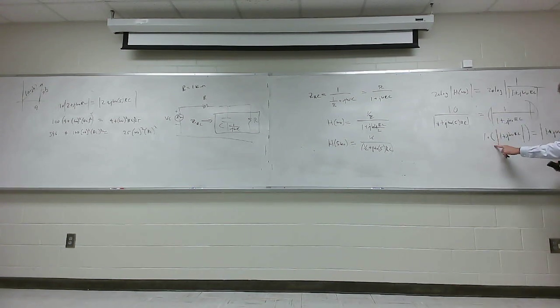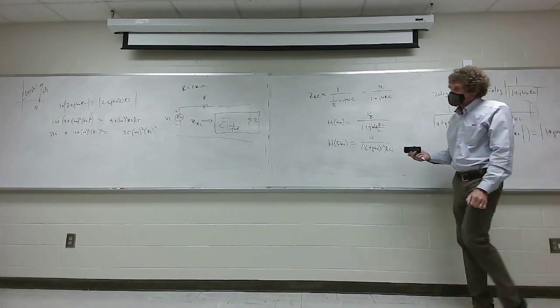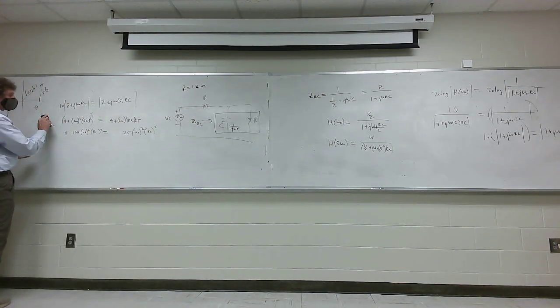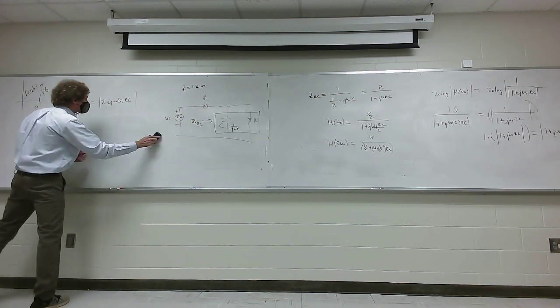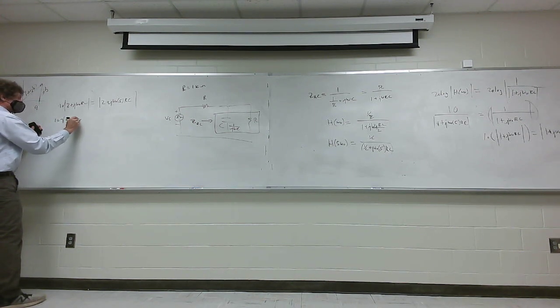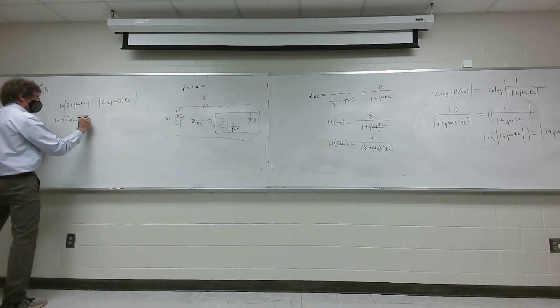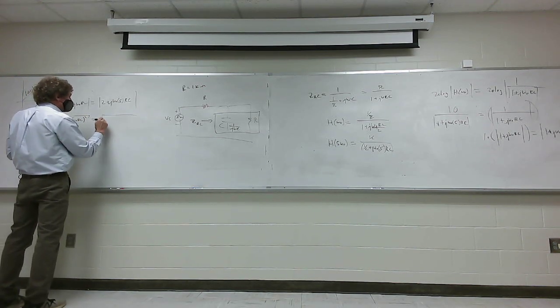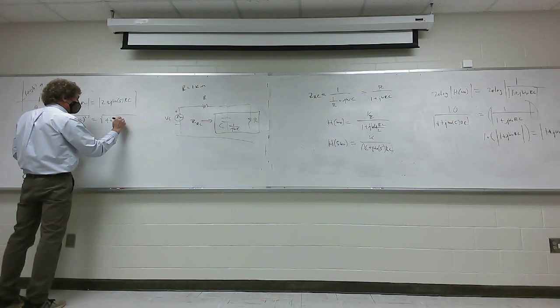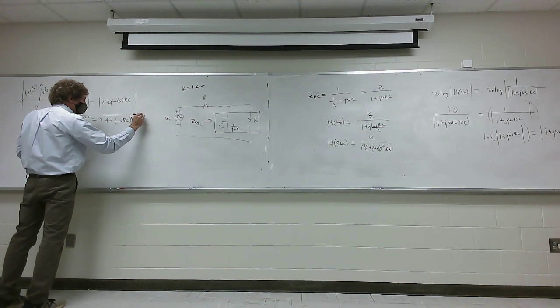You know what? I squared the 10, but look, it's the magnitude of this, not that. Is that where the problem is? Because this should be, let me just try this. I think that's right. This is 10 times the square root of 4 plus omega naught RC squared is equal to the square root of 4 plus omega naught RC squared times 25.